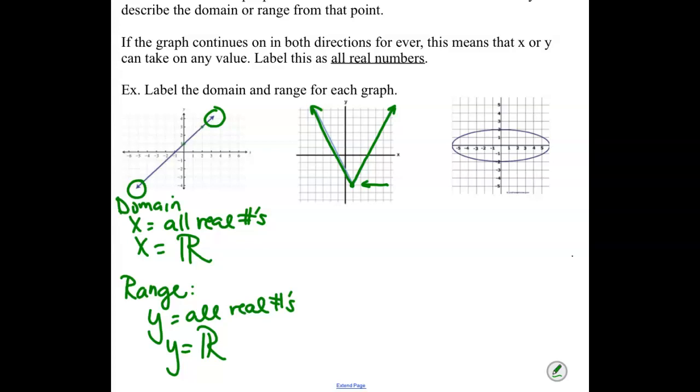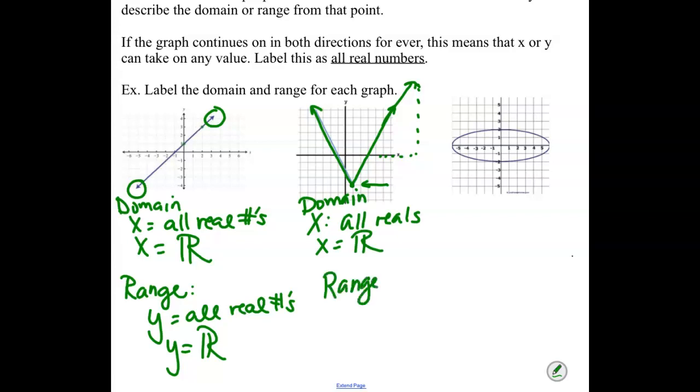So in this case, if we continued on forever, we are going to end up using these x values to get up to those points. So our x would be all reals, our domain. Our range, though, for this one, we have a cutoff.